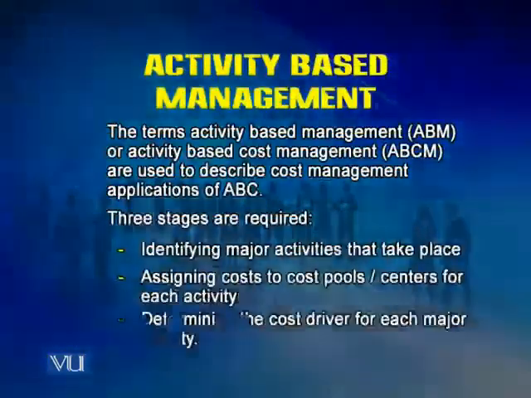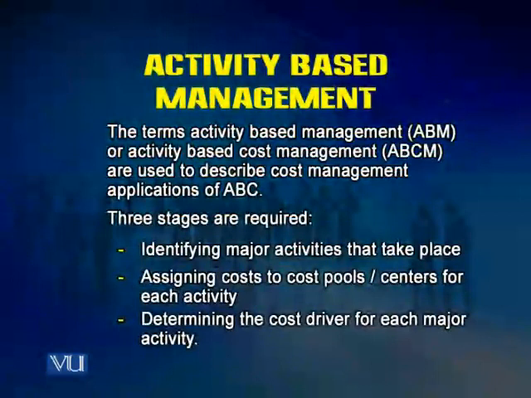So, for activity-based management, the stages are similar. We need to identify the activities, we need to identify the cost pools, and then we need to determine the cost drivers for each cost pool. The way the management is going to work is that if you can control the activity, then you can control the cost. It is basically the activity that needs to be controlled.